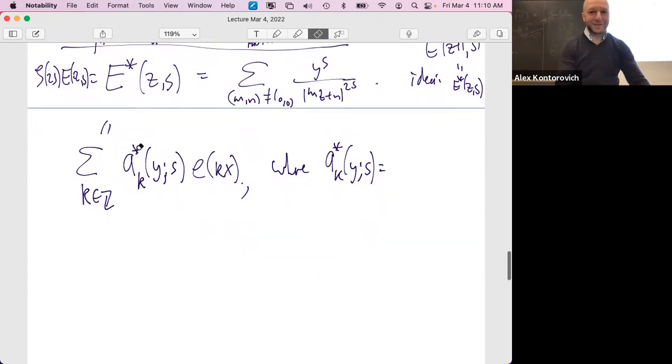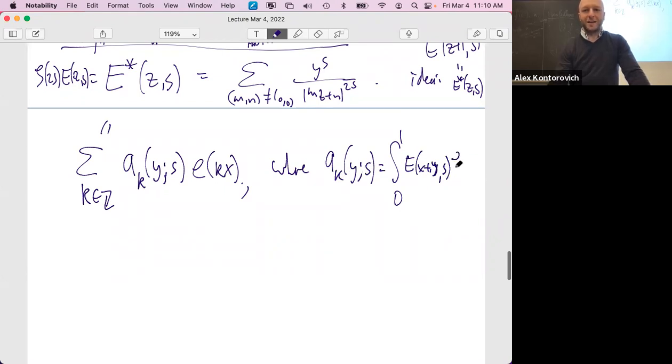Now let's not keep the stars. What is this? It's the k-th Fourier transform: the integral of E of x plus iy, s, which depends on y and s and k, times e to the minus 2 pi i k x, dx.